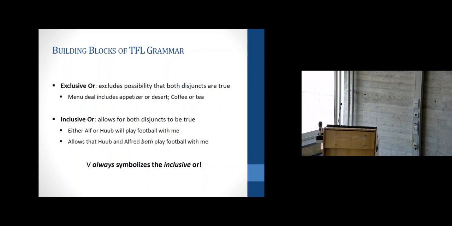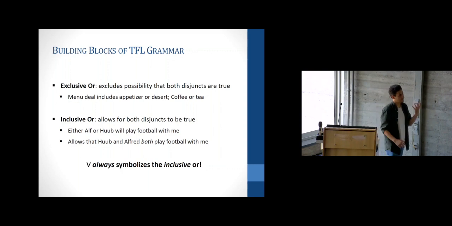When people say a menu deal includes appetizer or dessert, it usually means you have to pick one, but you won't get both. Or you'll get coffee or tea. So sometimes people use the "or" in this exclusive sense, saying that it's not possible for both of the things to be true.